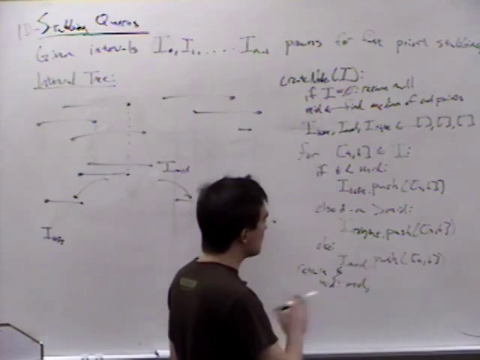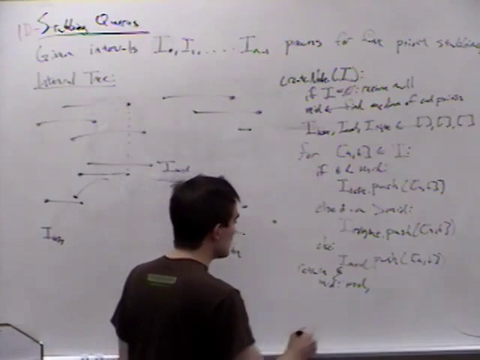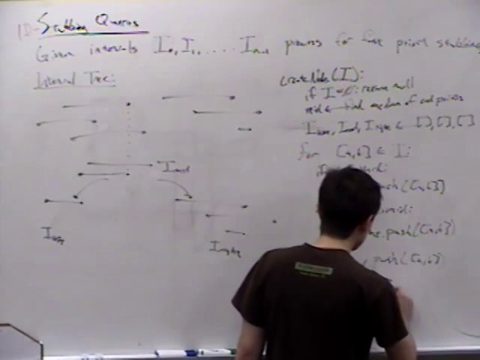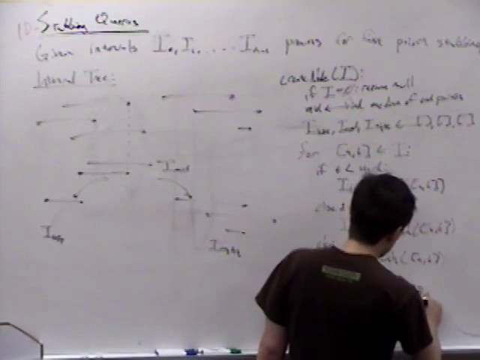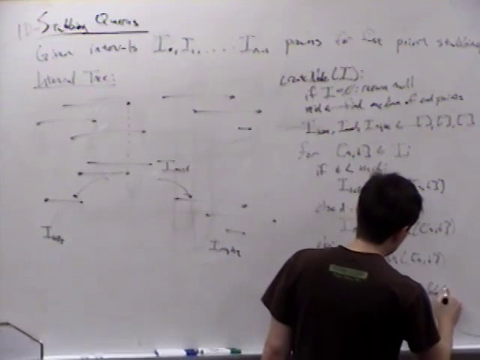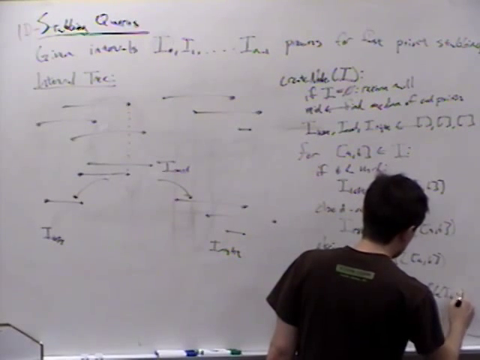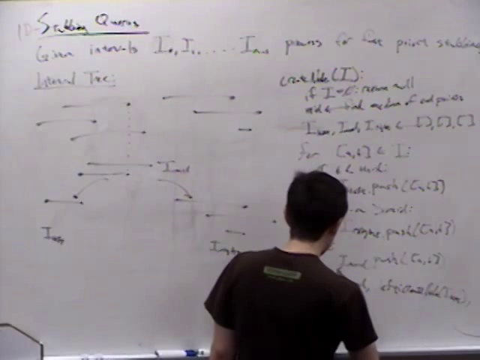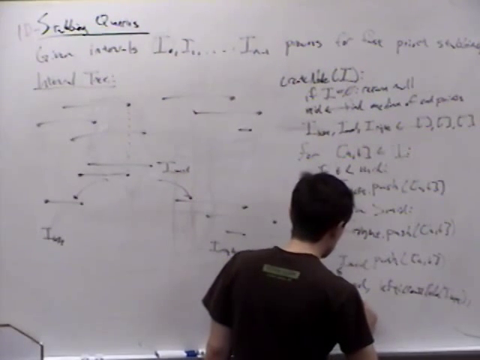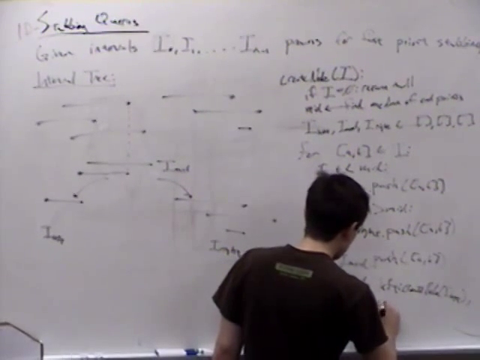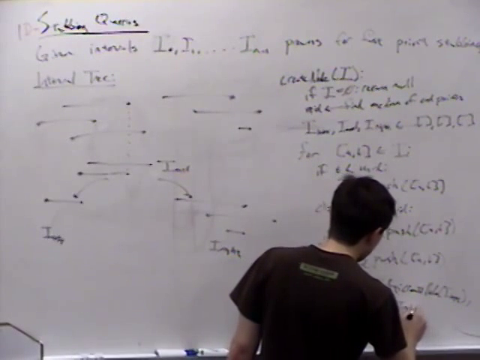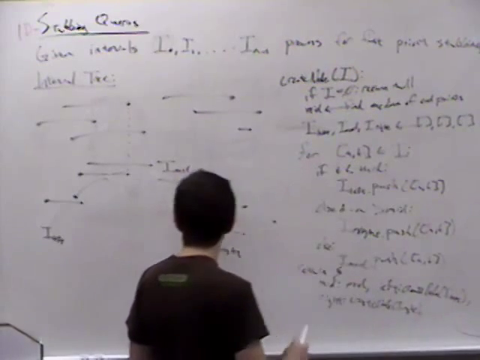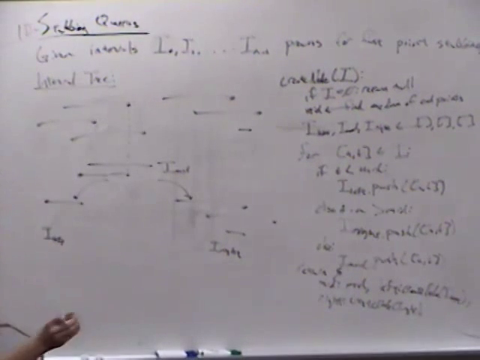Similarly, we store the left and right subtrees, so we have these two children. The left will just be create node of I left, and the right will be create node of I right.